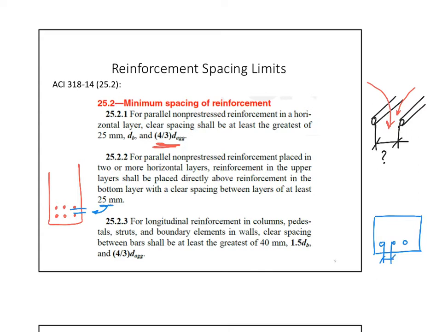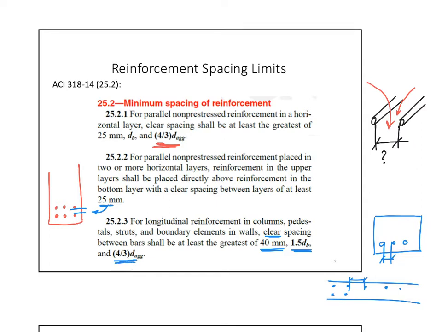This spacing here, and the boundary elements of the wall as well, if I have a wall, and those are the reinforcements of my wall, that spacing, the clear spacing between the bars, remember it's clear, shall be the greater of 40 millimeters, 1.5 D bar, or 4/3 D aggregate.